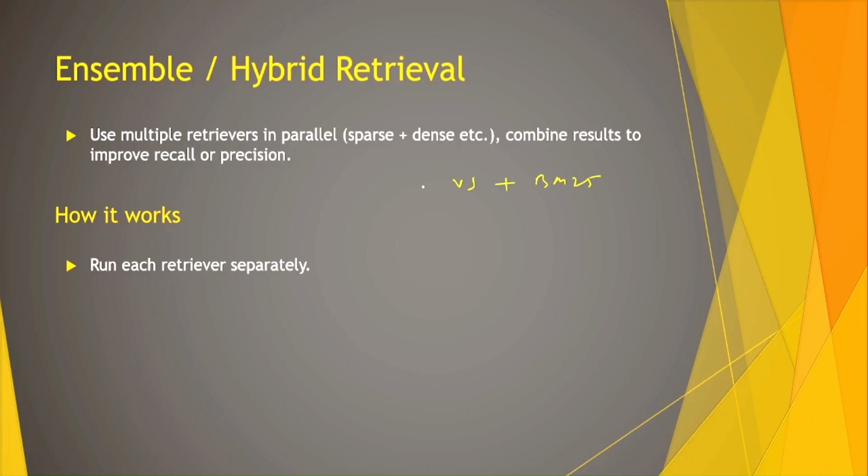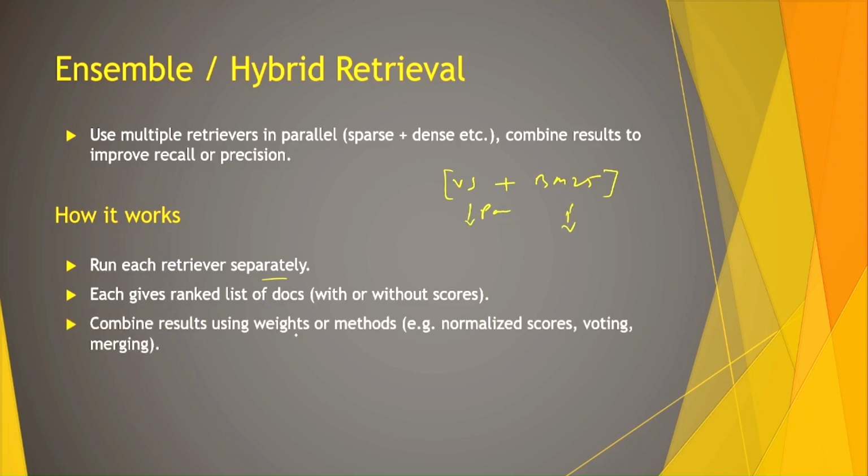So when the user asks any query, the retriever performs these 2 operations parallelly. Run each retriever separately, but it is performing parallelly. Each gives a ranked list of documents. Both retrievers give separate documents based on the rank. Then combine the results using weights or a method. There are multiple different types of methods.